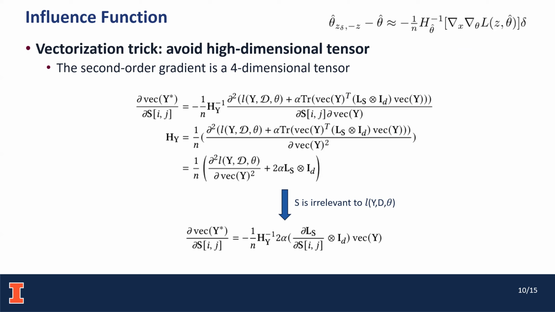But if we use the n times d shape of y star when deriving the second order gradient in the influence function, the second order gradient is going to be a four-dimensional tensor of shape n times d times n times d, which is not easy to understand and derive. So we first vectorize the output of y star and do the calculation based on that.